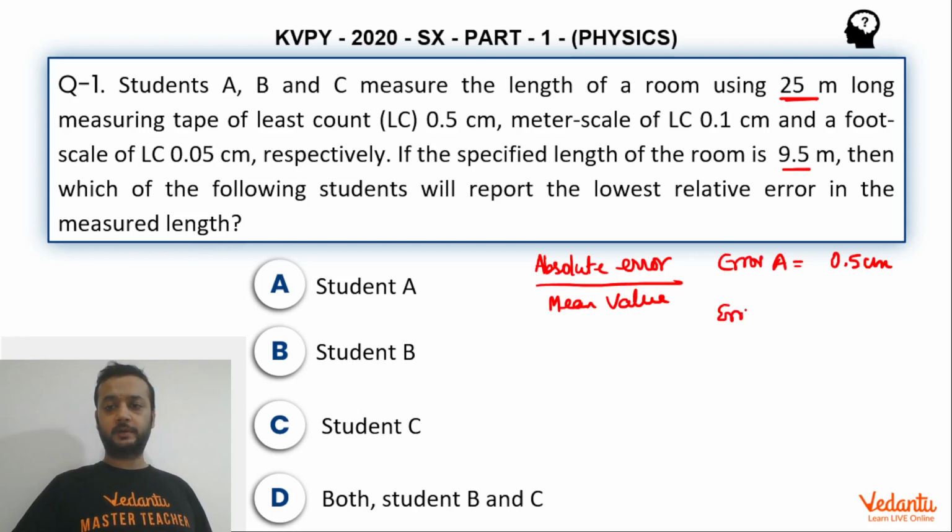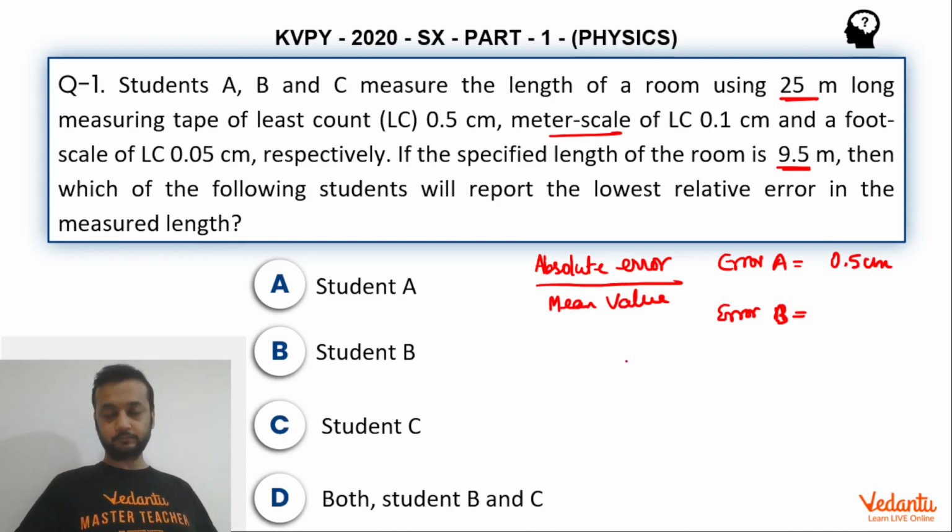Now if you talk about the error in measurement of B, it is a meter long scale, so he will not be able to measure this much length in one shot. If you have to measure 9.5 meters and you have only a 1 meter scale, you will have to measure at least 10 times: 1 meter plus 1 meter plus 1 meter, 9 times it will be 9 meters, and one more time you will be able to measure 9.5.